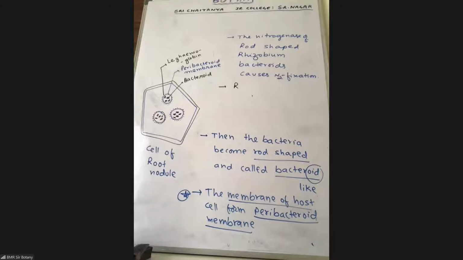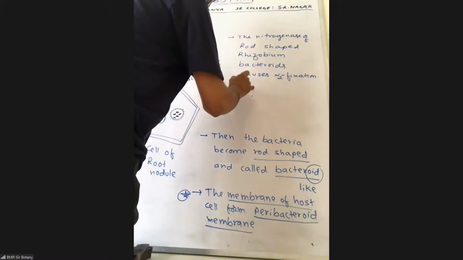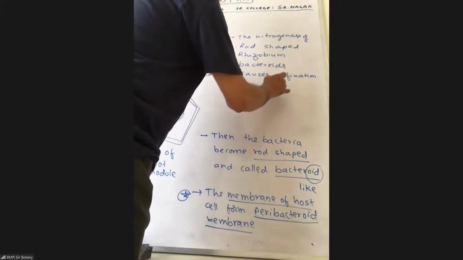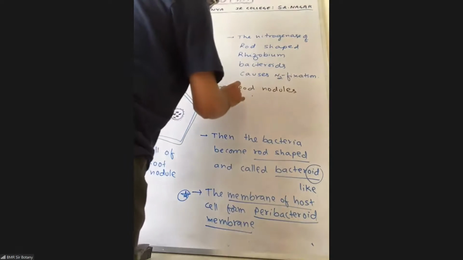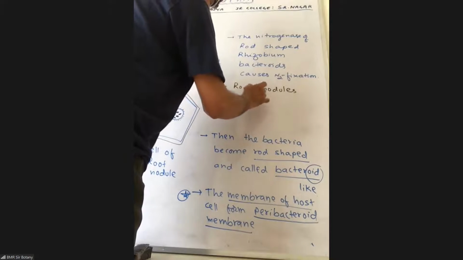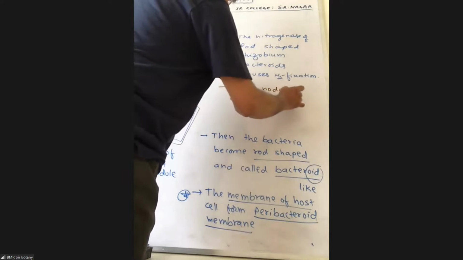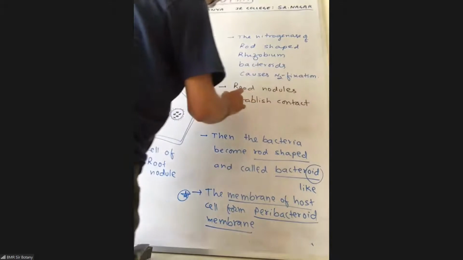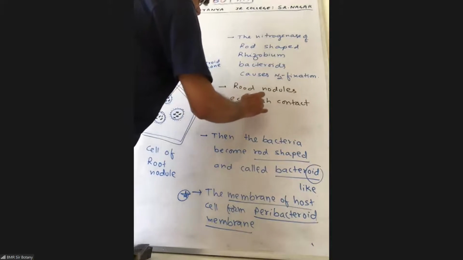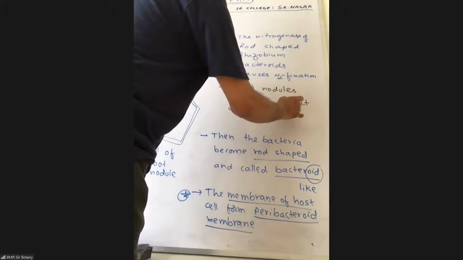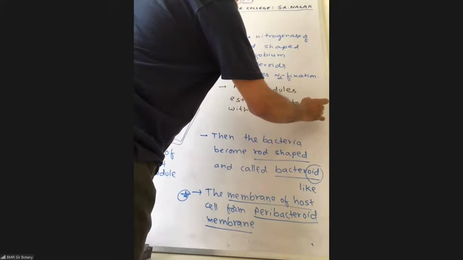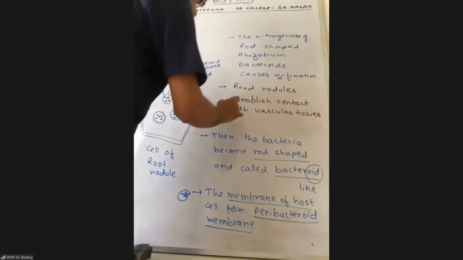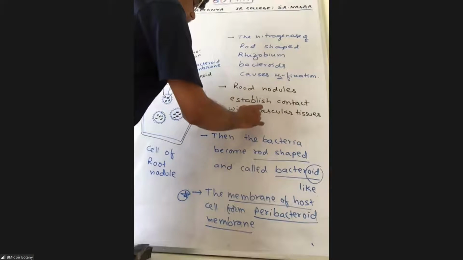Nitrogenase of rod-shaped rhizobium bacteroids causes nitrogen fixation, that is under anaerobic conditions. Meanwhile, what is happening? Root nodules establish contact with vascular tissues, which we otherwise call vascular connections.